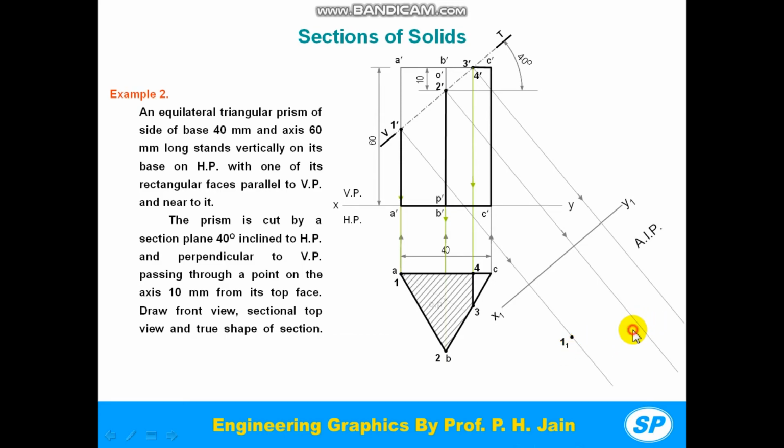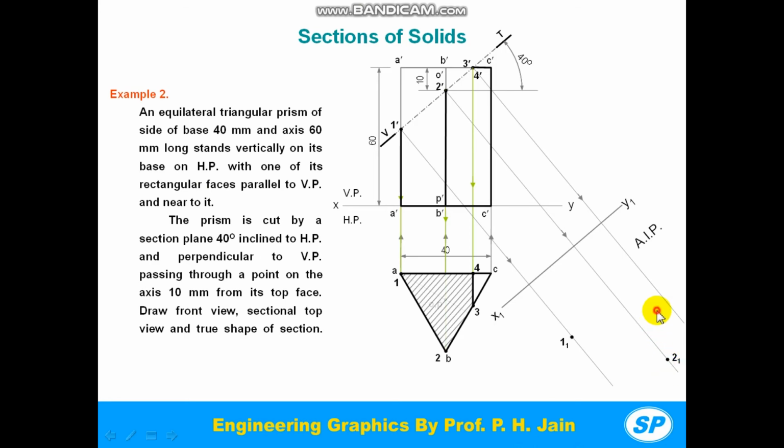Similarly mark 2 point on projection drawn through 2 dash point. So on this projection mark 2 point, such that distance between 2 and x1 y1 line should be equal to distance between 2 and xy line. So again take this much distance in compass, this point as center and draw one arc here to get 2 point.